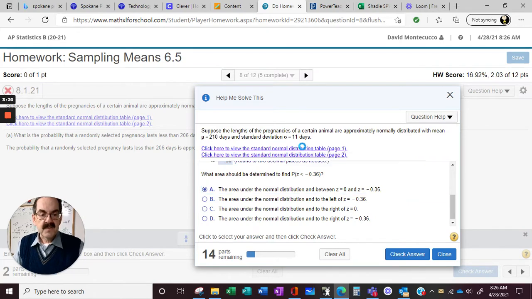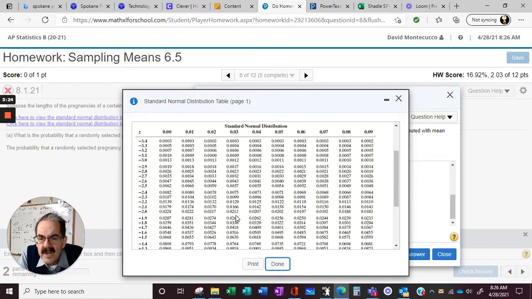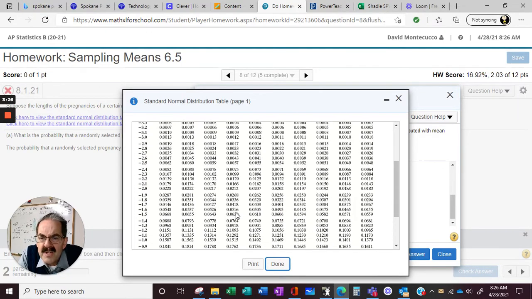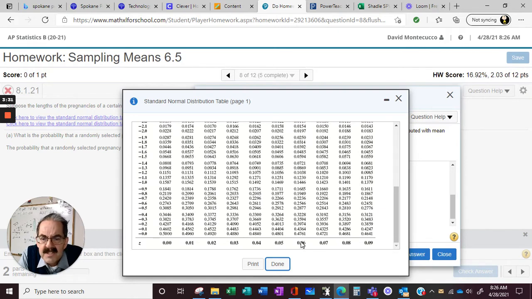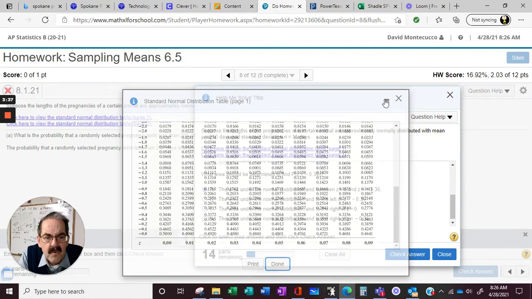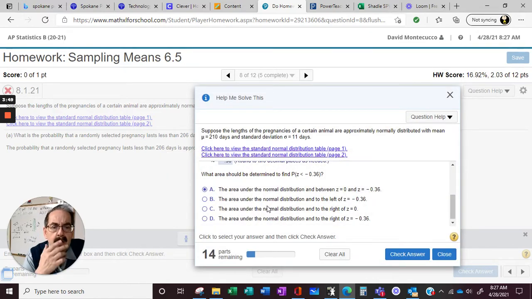So let's click on this first one. We want this area over here, and we're going to go down to negative 0.36, 3594. The probability area under the curve where z-scores satisfy the given inequality. Oh, to the left.